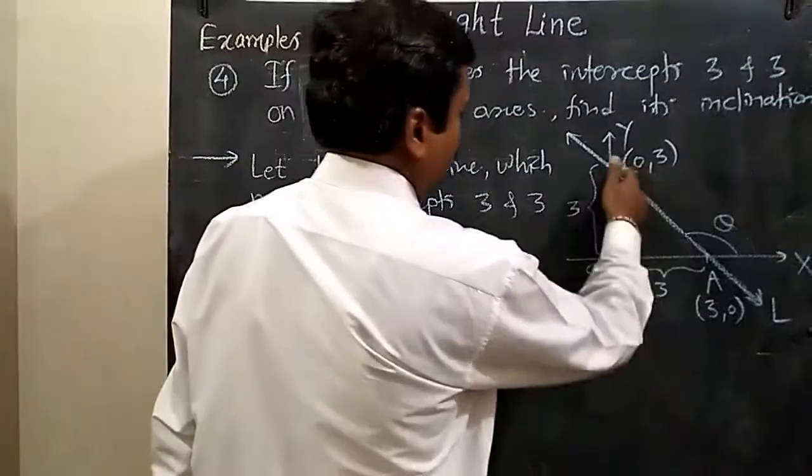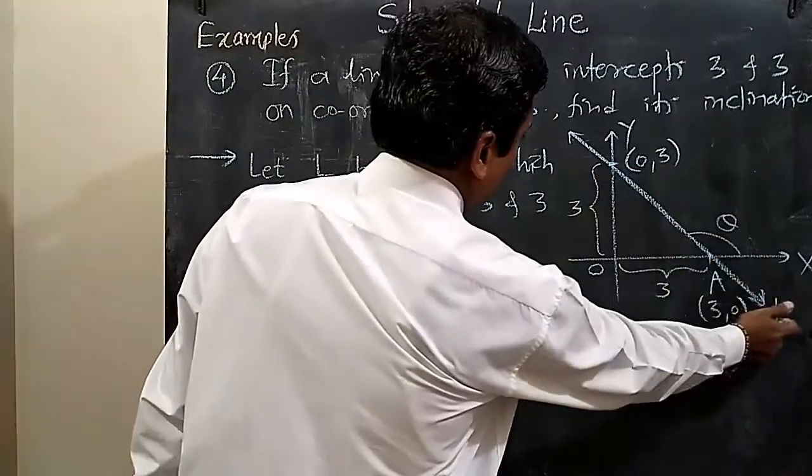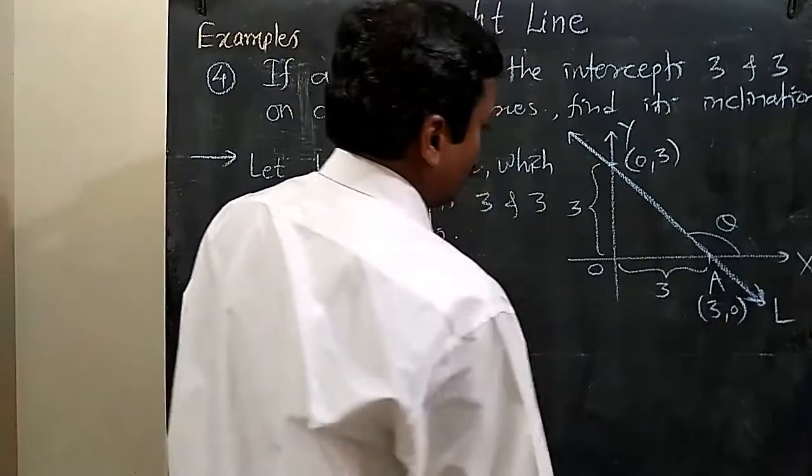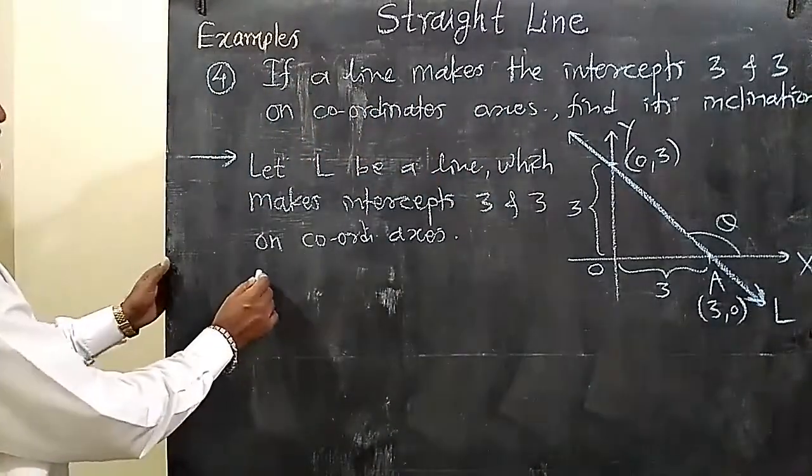So we know these 2 points which are lying on this line, so we can find the slope of that line.